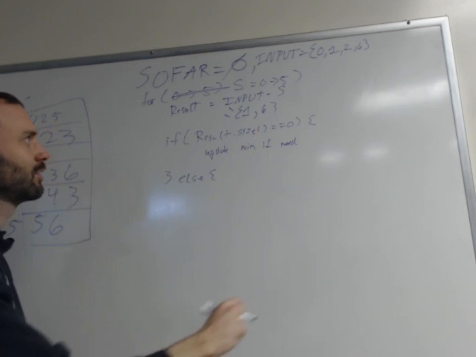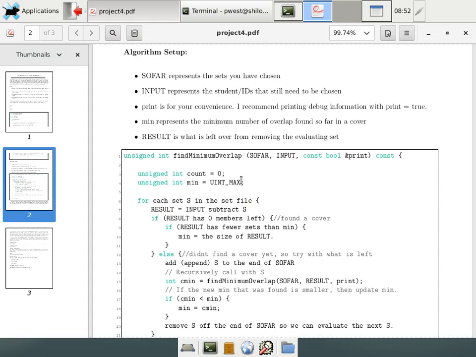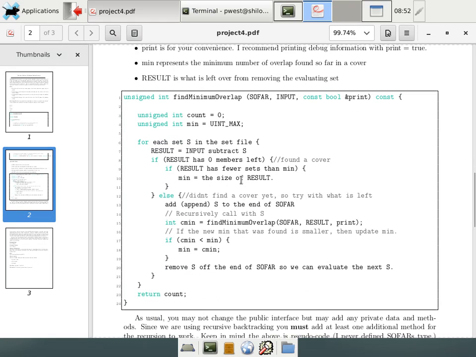Otherwise, if the result is not 0, that means we have something else in there. We now need to recurse. Let me show you how we do that. First, we add S to the end of so far. So we do so far plus equals S. So then so far is going to be 0, 2, 5.